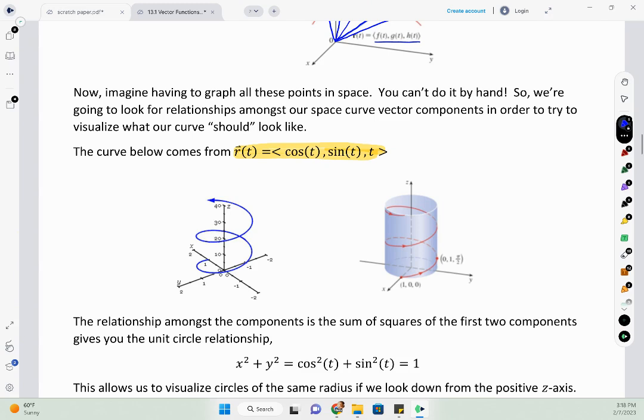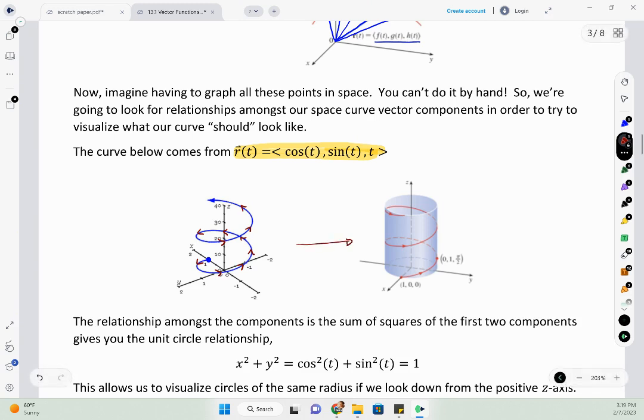And let's see, if t was 0, we would get the point 1, 0, 0. That is starting right there on the x-axis, right where they're showing. And then as t increases, it looks like the vector function gives us points that are higher and higher up. And this will just continue. It won't stop. It'll just continue like this.